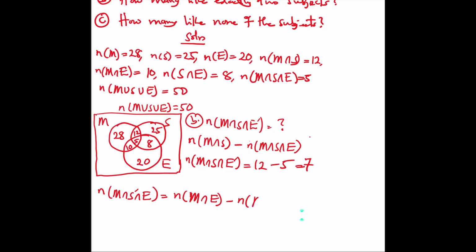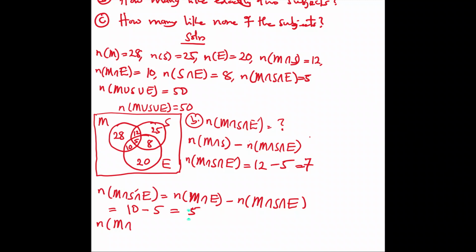Sorry, who like maths and English, minus number of students who like all three. So for maths and English, that's 10. So that will be 10 minus 5. Okay, so that will be 5. These are the number of students that like only maths and English.